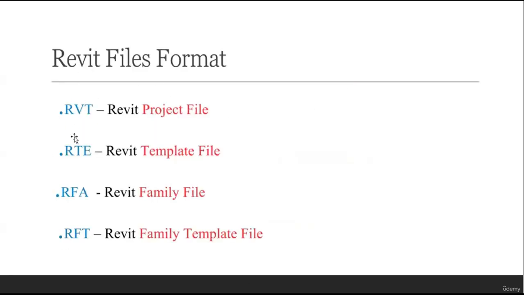These are a few of the typical file formats that are used while working on Revit. The Revit project file has an extension of .rvt. This is very important while dealing with any Revit project. Revit template file has an extension of .rte. Revit family file has an extension of .rfa, and Revit family template file has an extension of .rft.